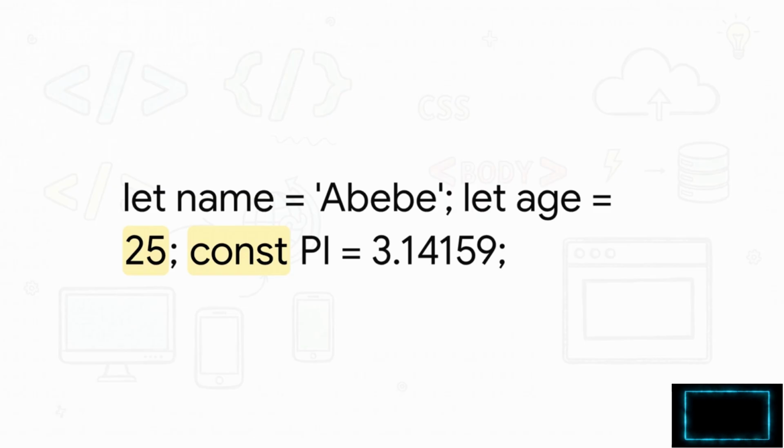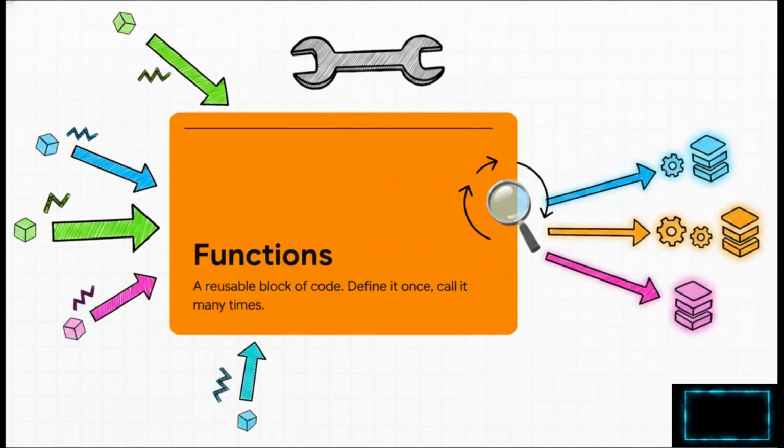For example, let name = "Abe", let age = 25. I want you to imagine creating your own personalized variables right now in your head. What would your let name be? What's your let age? And notice how we use const for pi because 3.14159 is a mathematical constant that will never ever change. It's really just a way of safely storing information we want to use later.